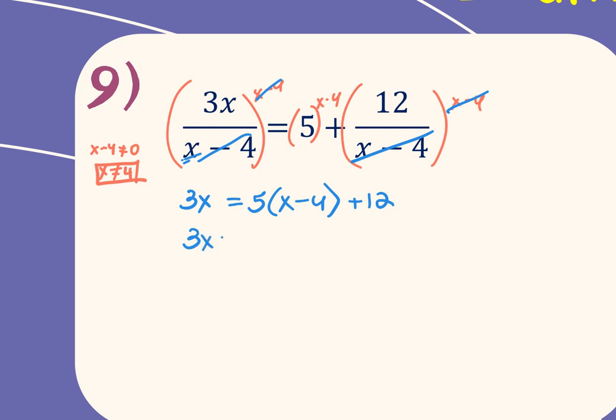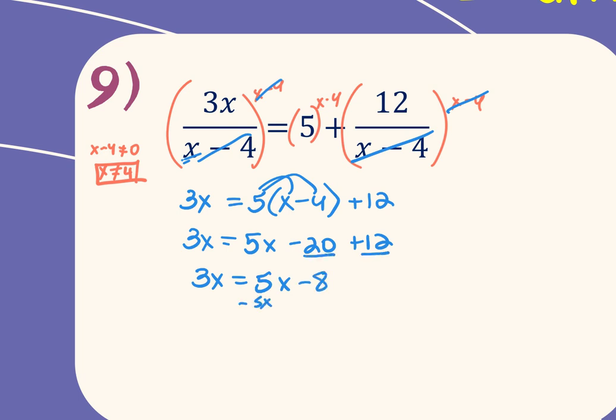So 3x equals, distribute here, 5x minus 20 plus 12. 3x would equal, combine my like terms here, 5x and then minus 20 plus 12 is minus 8. Subtract the 5x. Negative 2x equals negative 8. Divide both sides by negative 2. And x is 4. Can I keep it? No, this is no solution.